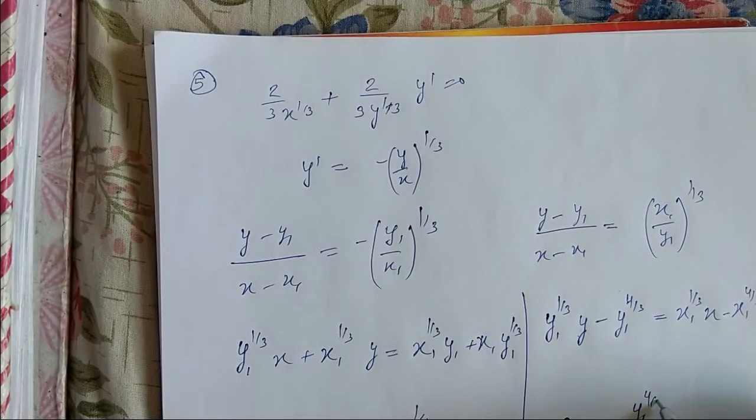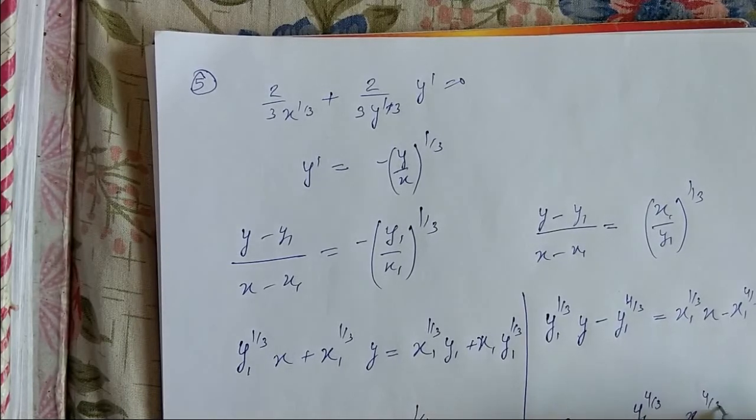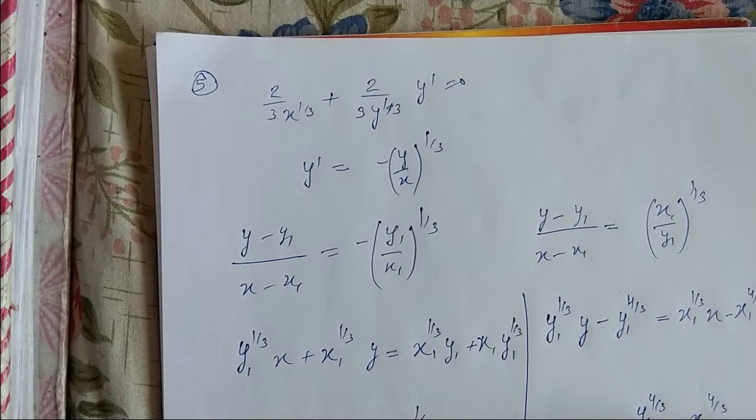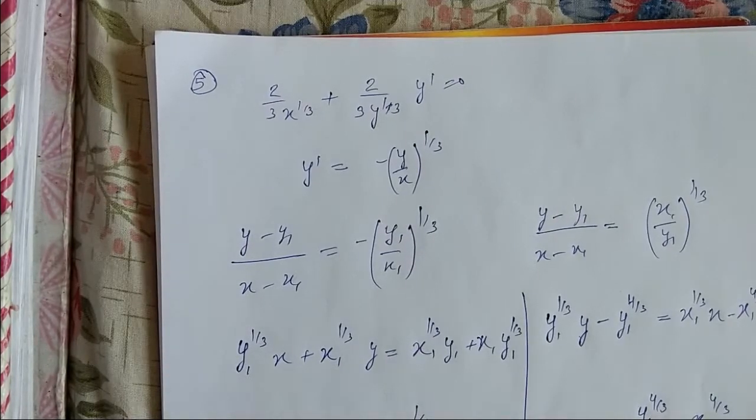y1 power 4 by 3 minus x1 power 4 by 3 upon root of x1 power 2 by 3 minus y1 power 2 by 3.